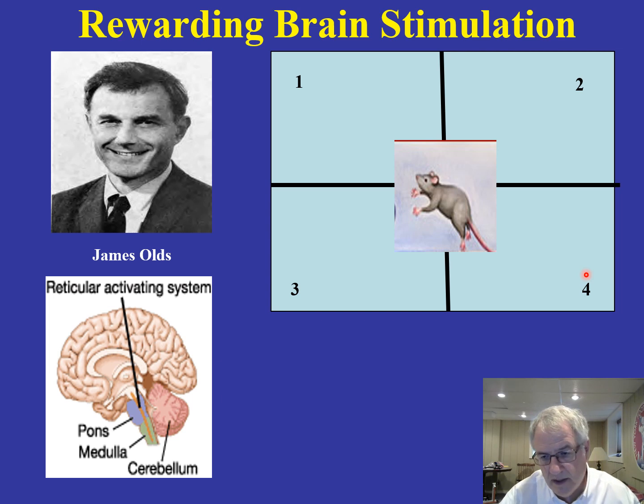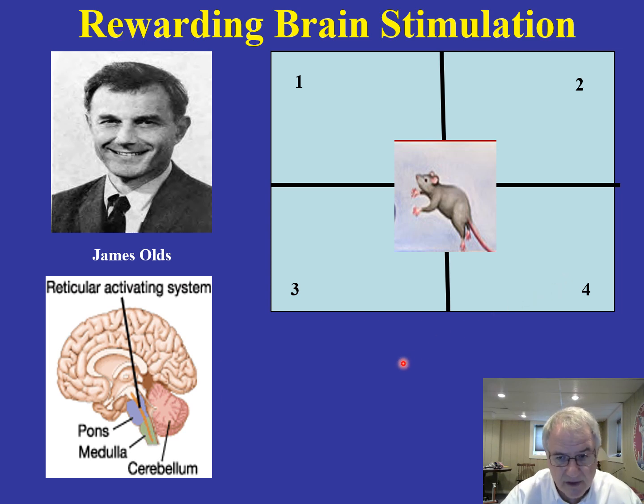And indeed, this one animal, which was so different from every other animal that they included, they were scratching their heads, Olds and Milner. And what they did was they explored the brain of this animal to see if the electrode had definitely gone into the reticular activating system.